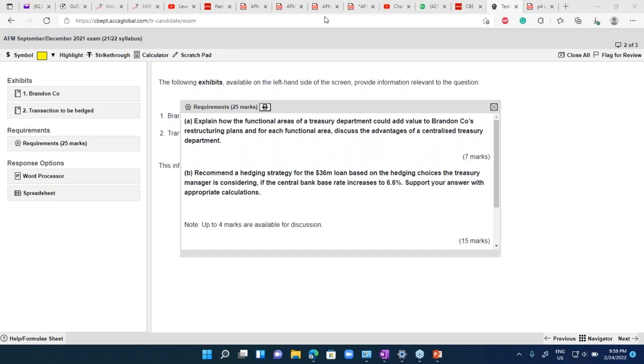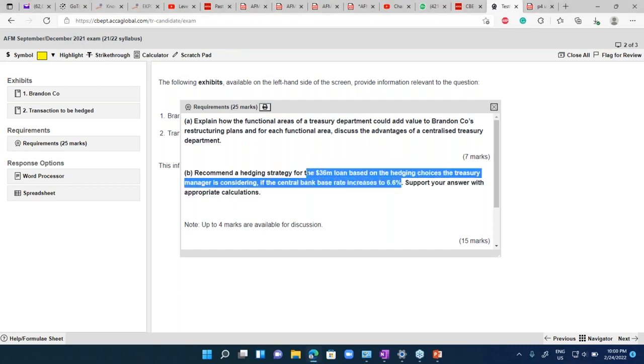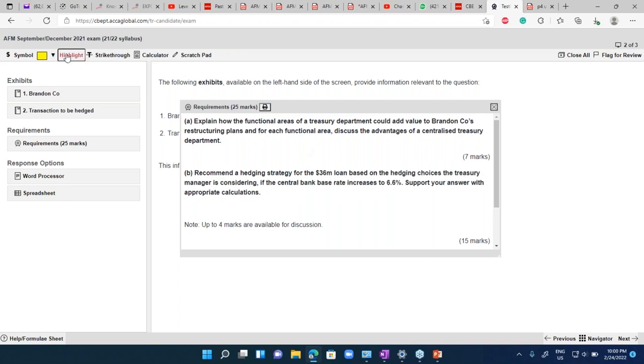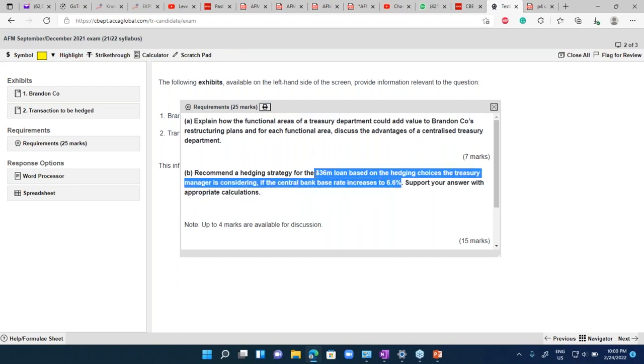So I am directly reading part number 2, B part. Recommend hedging strategy for the 36 million loan based on the hedging choices. The treasury manager is considering if the central bank base rate increases to 6.6%. So if your interest rate increases to 6.6%, what hedge will you use?